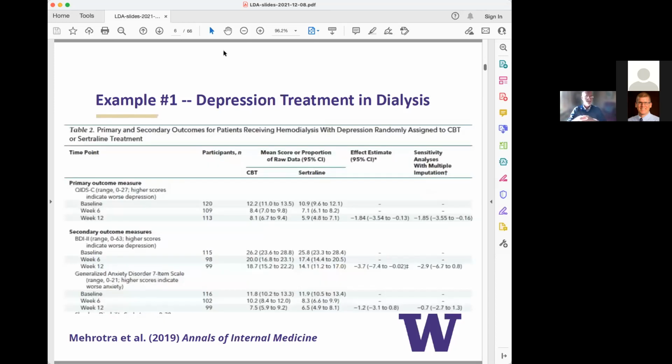We presented this as table 2, the sort of high-level summary of the results. And what this table shows is the primary outcome measure was something called QIDS-C. At baseline, we had 120 subjects. We had 2 groups, CBT and sertraline. We have the score for QIDS-C at baseline. We have it at week 6 and we have it at week 12, which was the primary outcome time.